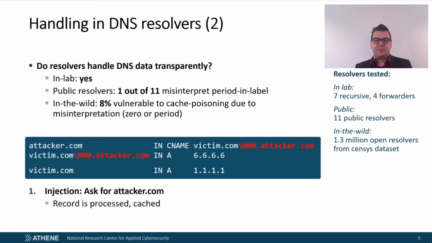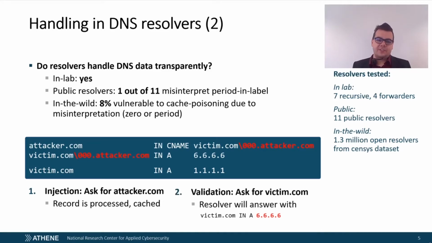And so now, if we do the injection, we ask the resolver for attacker.com, which makes it process the record and might cache it in the misinterpreted form. And then the validation, where the resolver is asked for victim.com, and if it is vulnerable, it will answer with victim.com has the IP address 6666 instead of 1111, which is the actual address of victim.com.